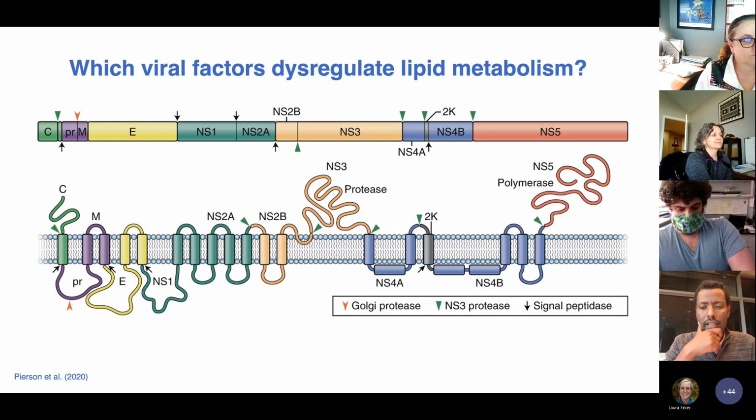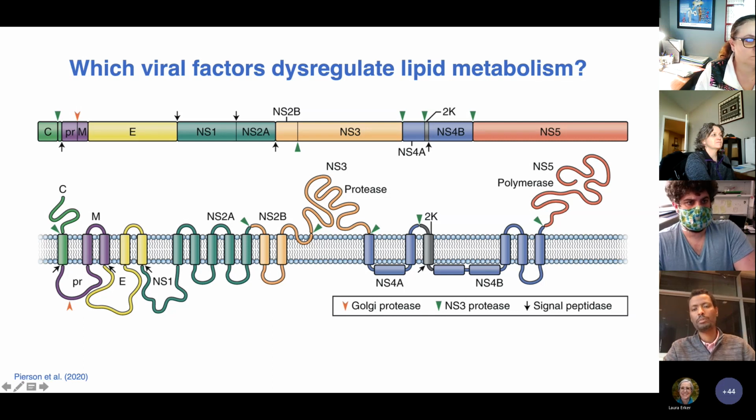And then the next question for us was which viral factors are responsible for remodeling those lipid pathways.